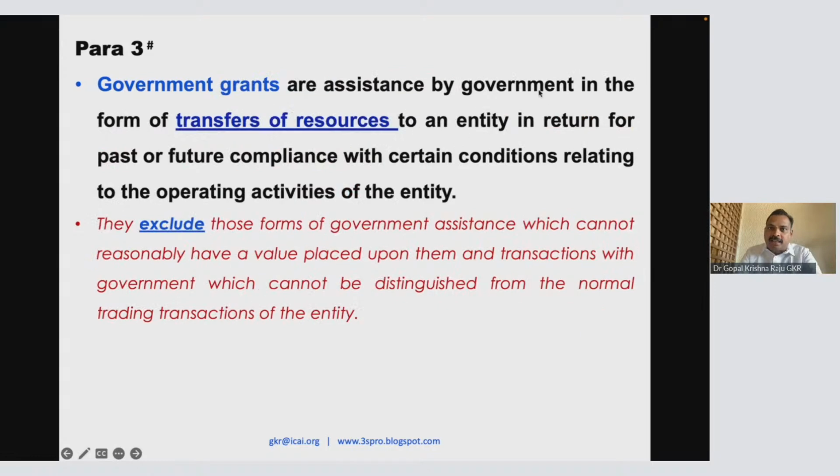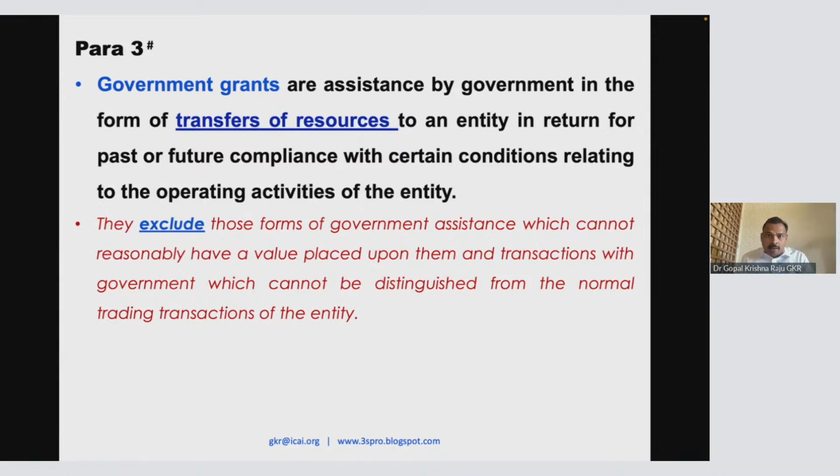So what keeps both separate? Here, transfer of resources. Please understand, transfer of resources means money can be a transfer of resources, land can be a transfer of resources, or some other resource like stock.